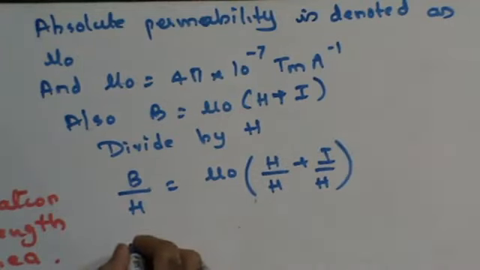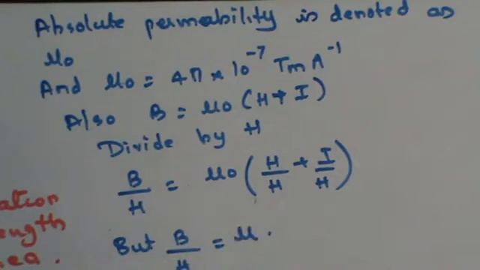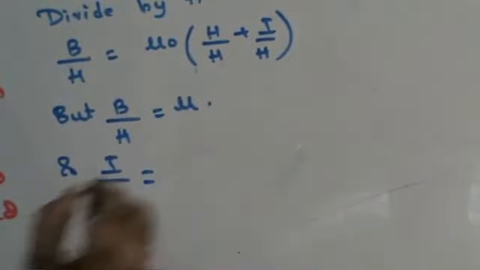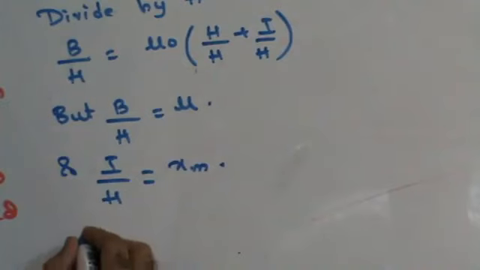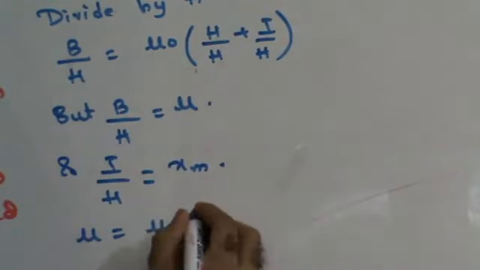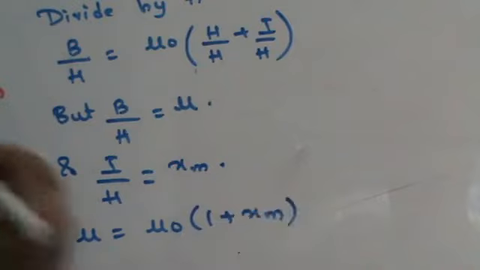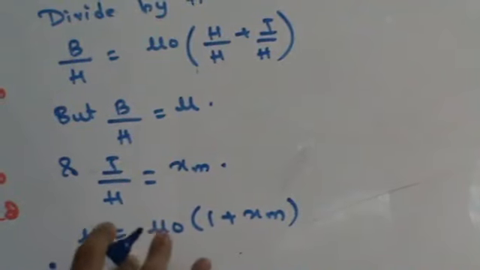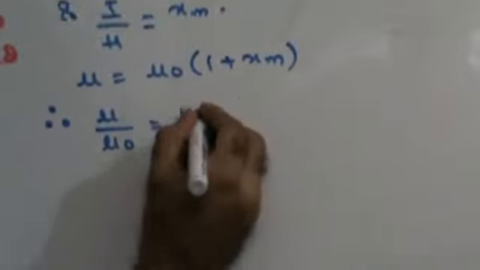Now B upon H is nothing but magnetic permeability, which is mu, and I upon H is nothing but magnetic susceptibility. Therefore mu is equal to mu 0 times 1 plus xm, since H upon H is 1. So that's the relationship between them. Therefore mu upon mu 0 is 1 plus xm.